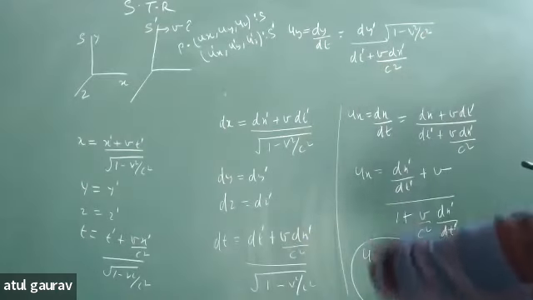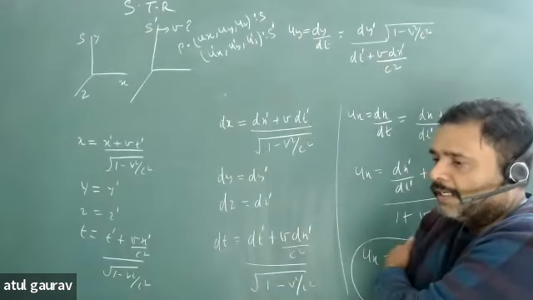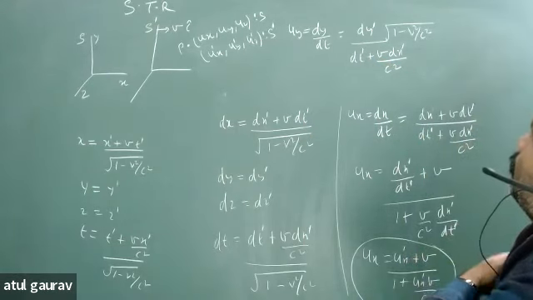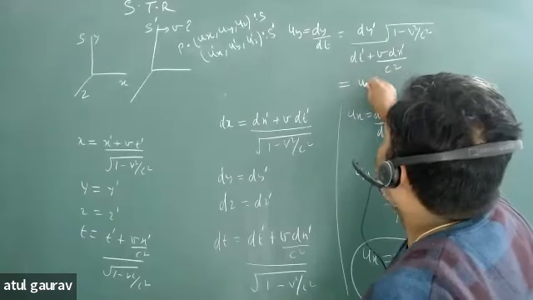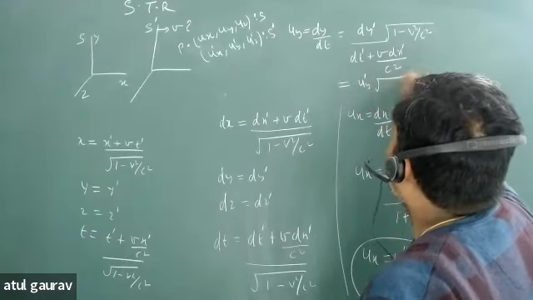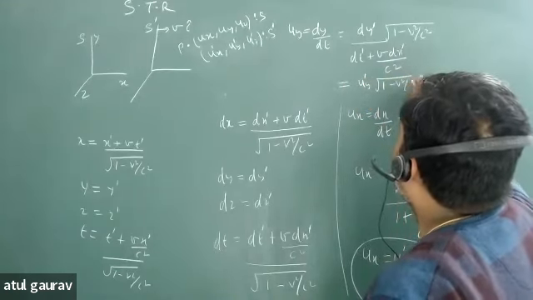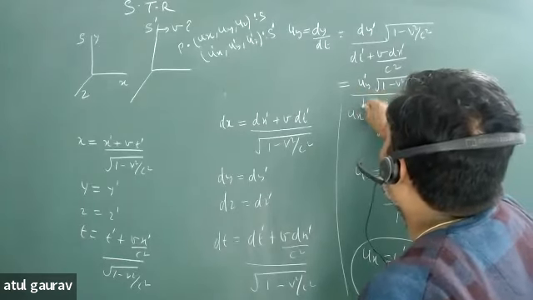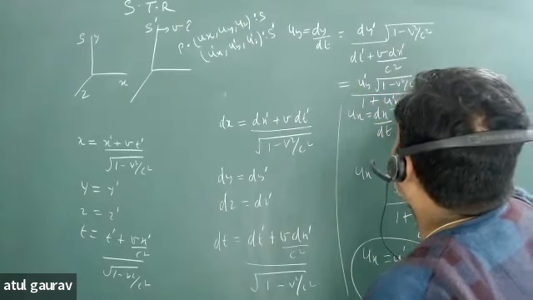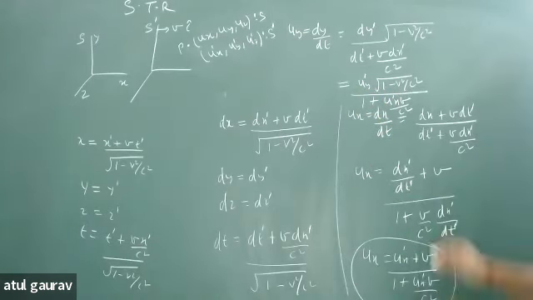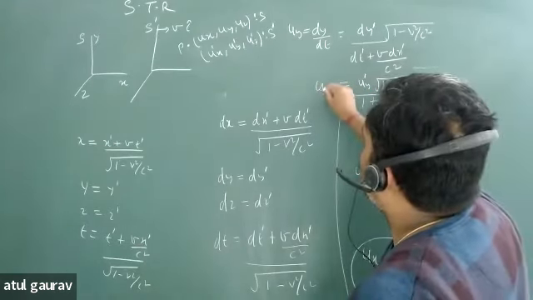And now we can divide by dt dash on both sides, numerator as well as denominator. What will you get? You will get uy dash root under 1 minus v square upon c square, over 1 plus ux dash v upon c square. Look, this is your uy.